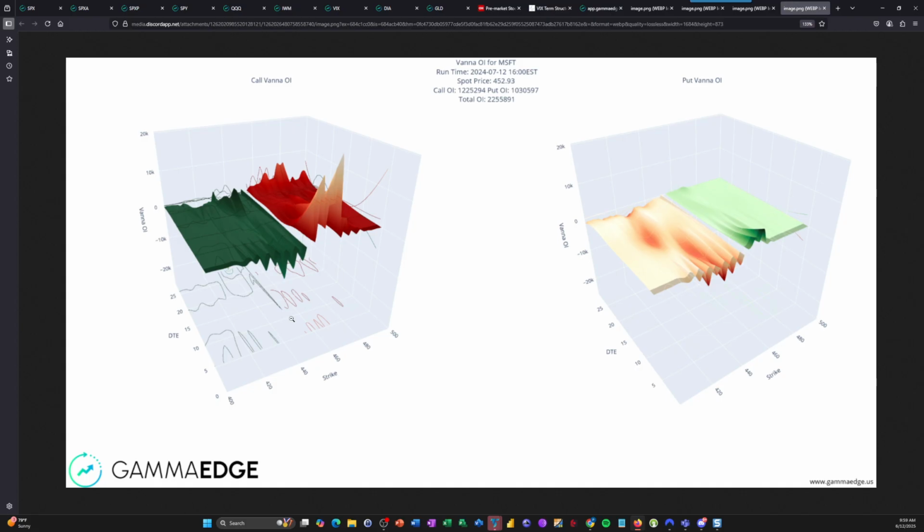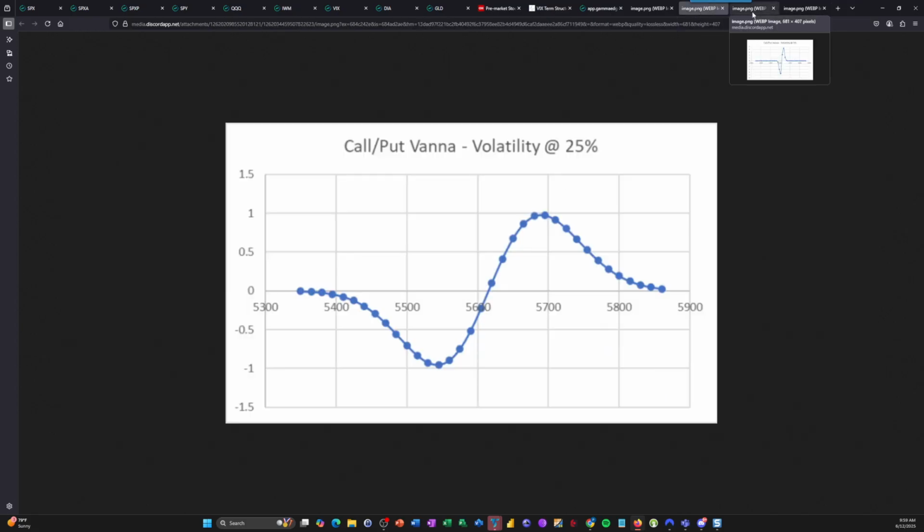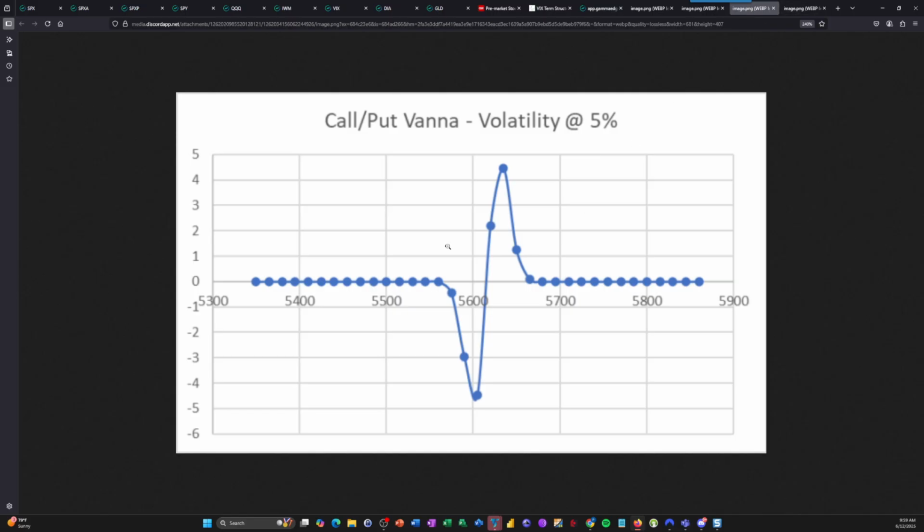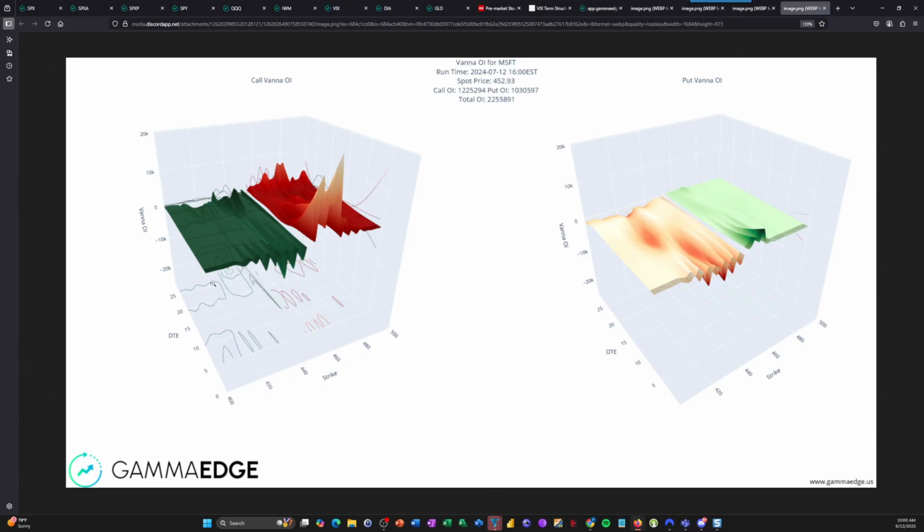Now, why? Let's tie this together with this picture or this picture, right? So this is the single function or single contract function. So this is the OI. This is what we're trading with. This is the world we live in right here, right? Obviously not today, but in general, this is what happens when you take a second order function like Vanna and overlay it with the OI surface.